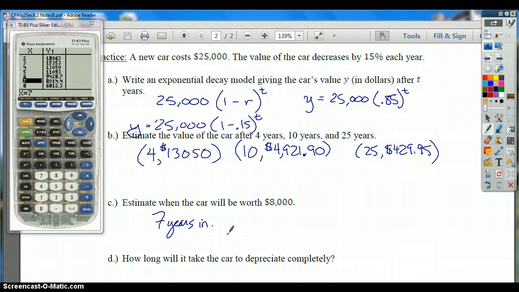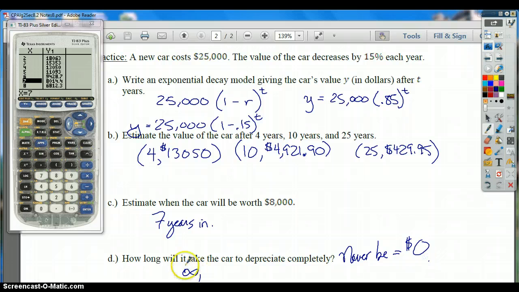How long will it take the car to depreciate completely? That would go to infinity. Okay? Car will never actually be $0. Because obviously it'll be worth scrap. We'll get close to that, but it will never be $0.